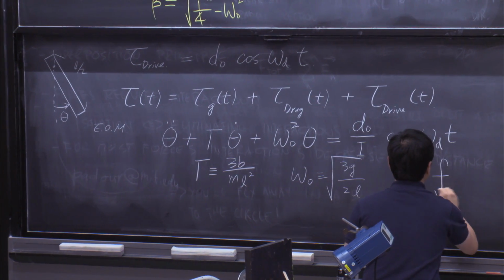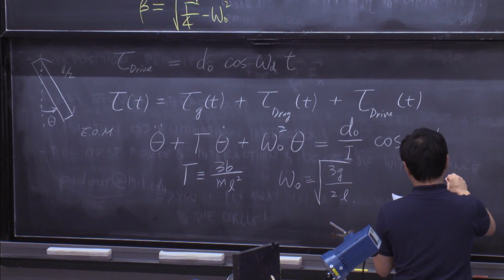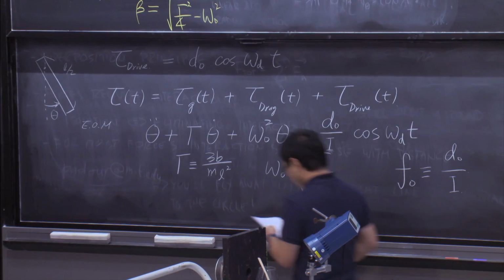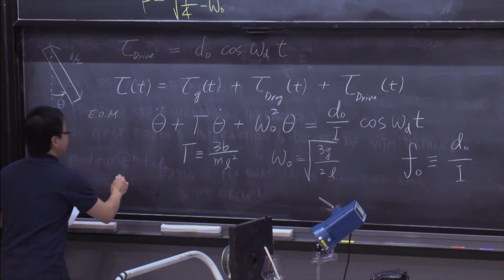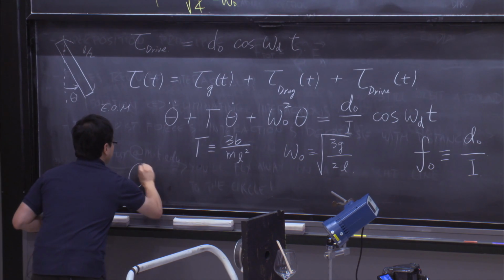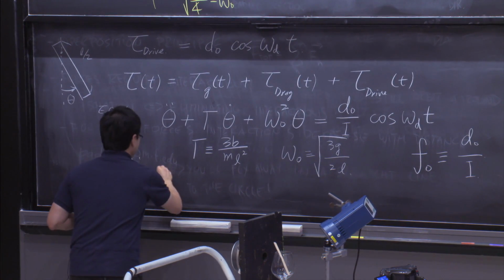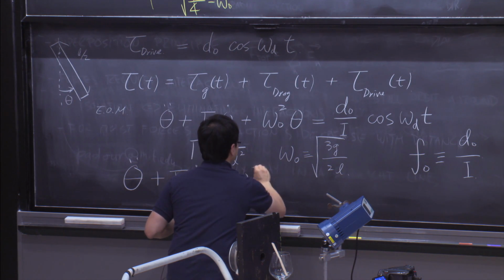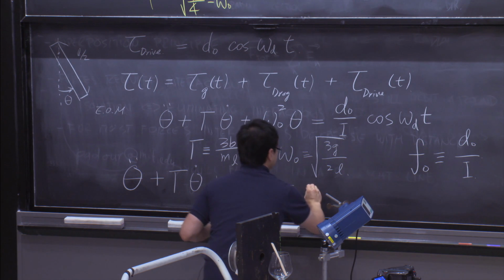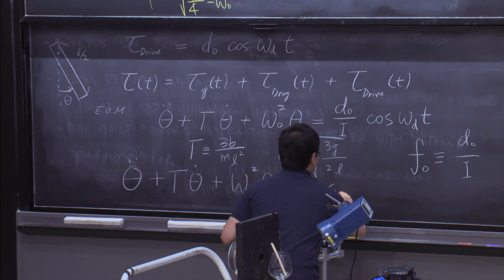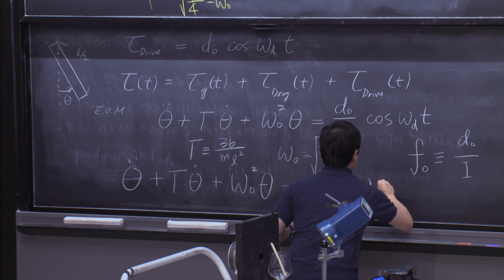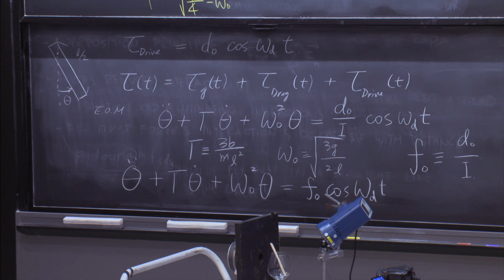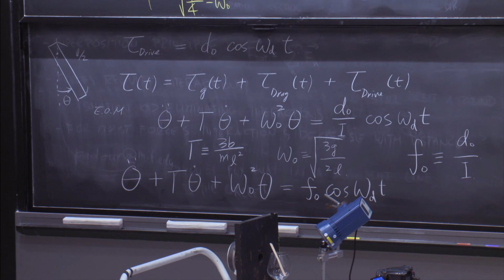The symbol I'm choosing is F0, and this is defined to be d0 divided by I. Therefore I arrive at my final equation of motion: theta double dot plus gamma theta dot plus omega 0 squared theta is equal to F0 cosine omega d t. I hope this looks pretty straightforward to you.